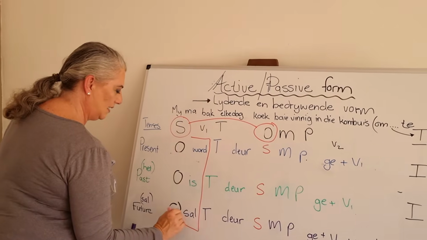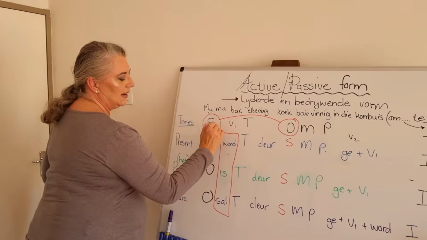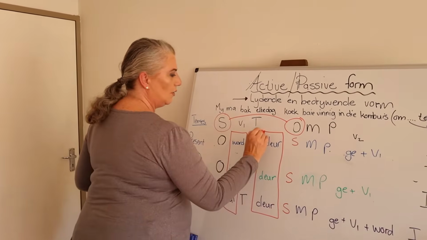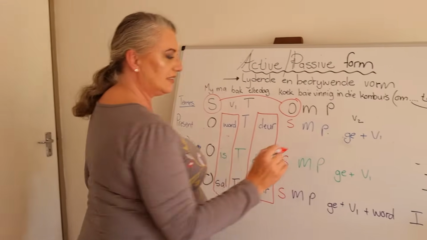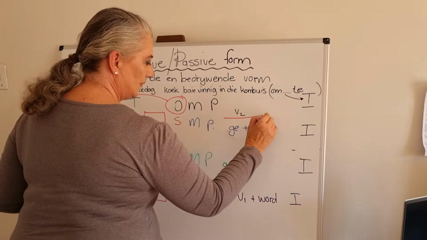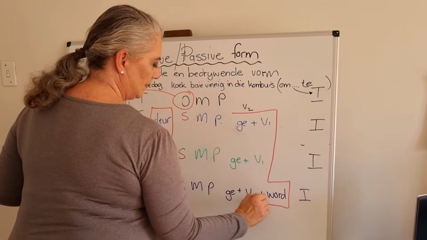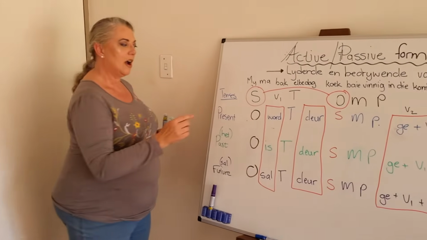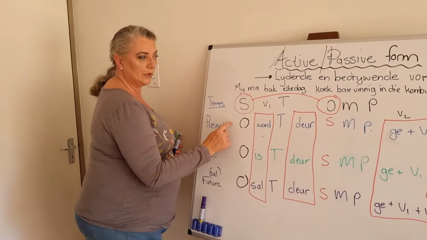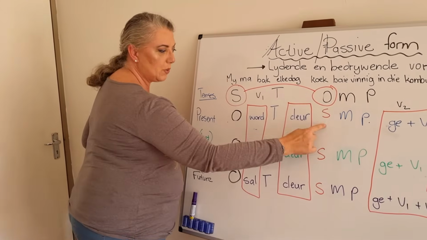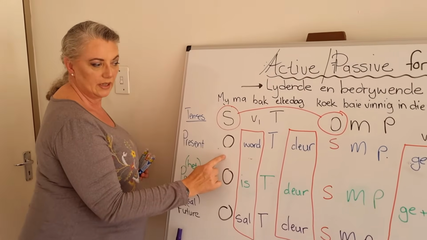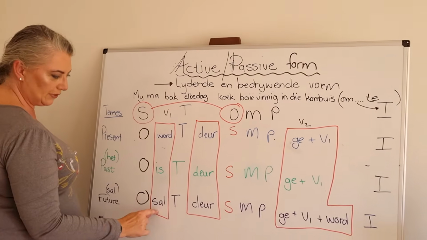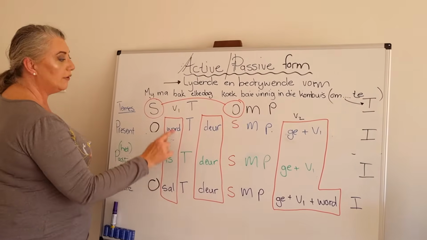Can you see what you have to study or remember is very simple. When you write stompie, we swap out the subject and the object. Write the word stompie, add word, is and sal for verb 1.